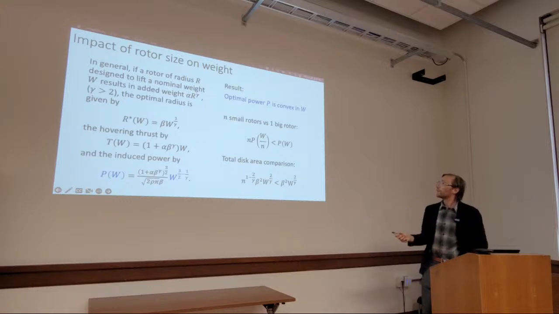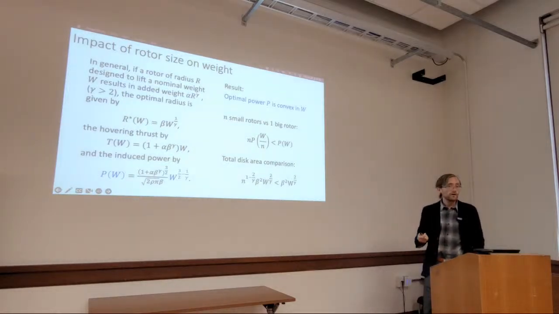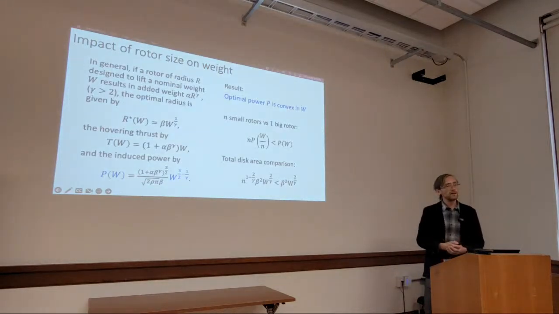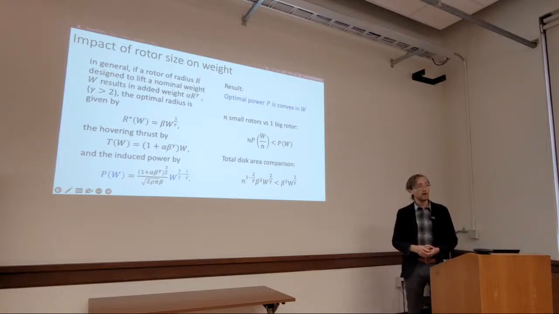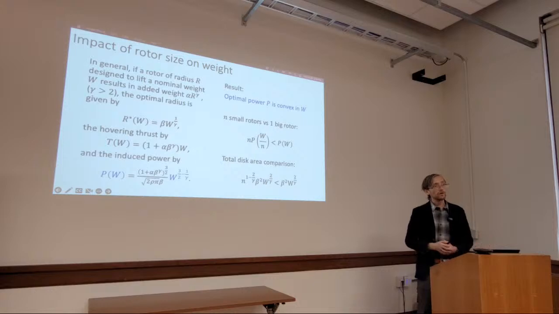So this relationship tells us that there may be cases where we want more, smaller rotors rather than one big rotor. And we also see that the disk area is smaller in the case of many small rotors, which means that we have a higher disk loading but a better power consumption.